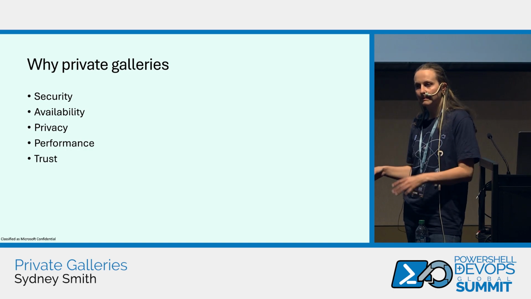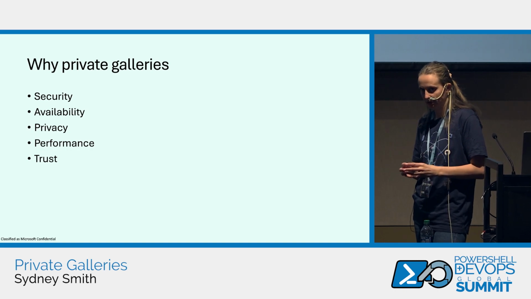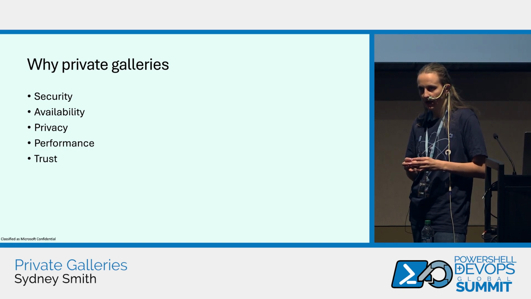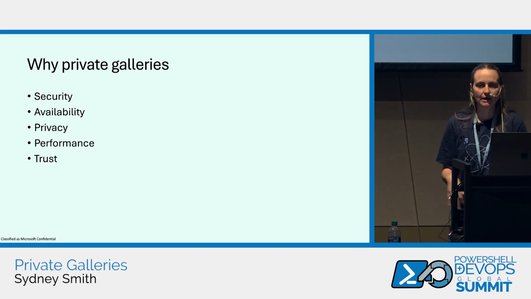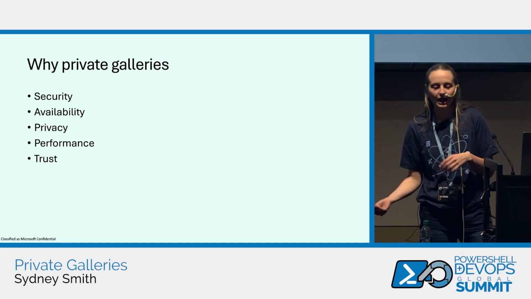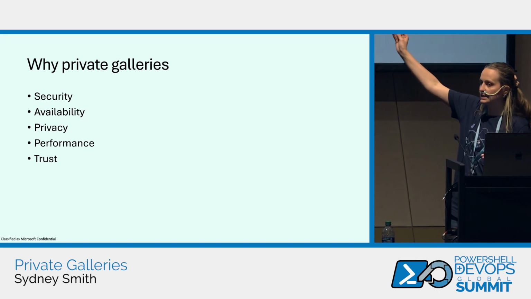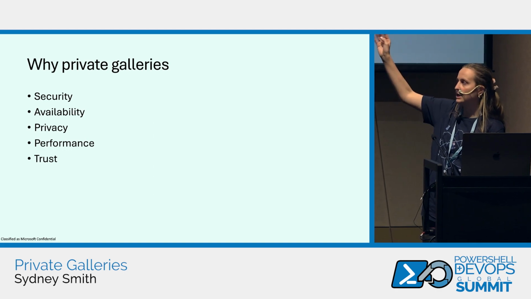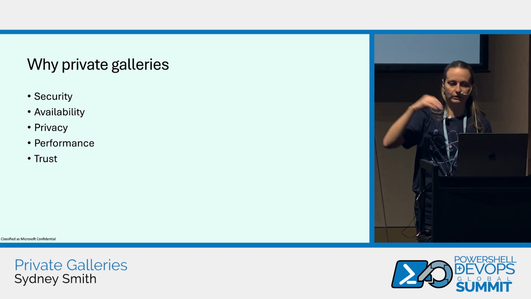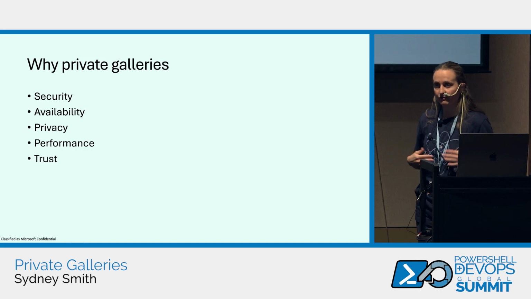There's very limited scanning that is done on packages in the PowerShell Gallery. And so if I'm in an enterprise, if I am even on my machine, I want to know what I'm installing. I want to know what I'm running. Private galleries give me security because I know what is in my gallery. And I can set up whatever security scanning I want or I feel comfortable with.